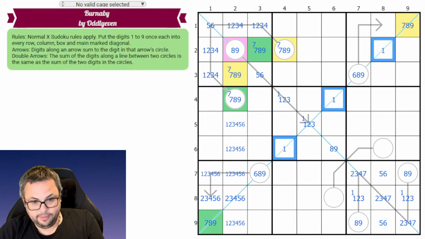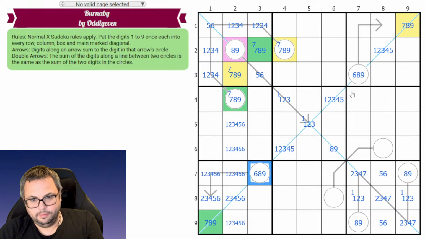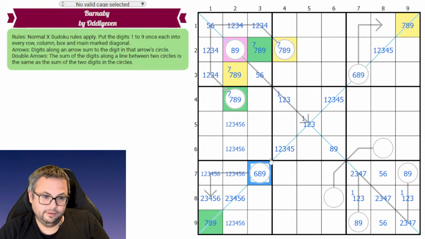We can certainly fill in that these are from 1, 2, 3, 4, 5, 6. Sorry, not 6. 1, 2, 3, 4, 5, if you'd like. Oh, yeah, one of these two is 6 now, because neither of those was 6. So one of these two is 6, which makes that a 5.